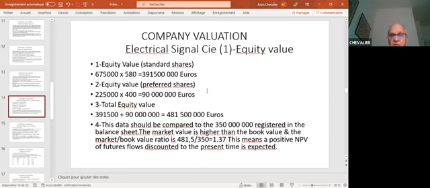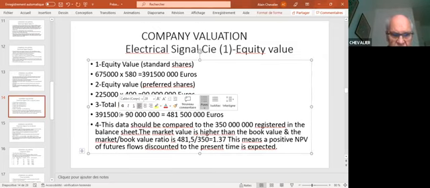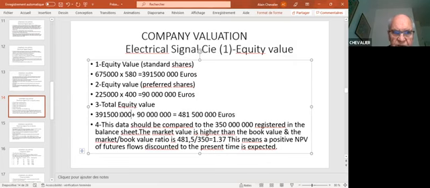That means that the total equity value here is equal to the total of these two numbers, 391,500 plus 90,000, which is equal to 481.5.